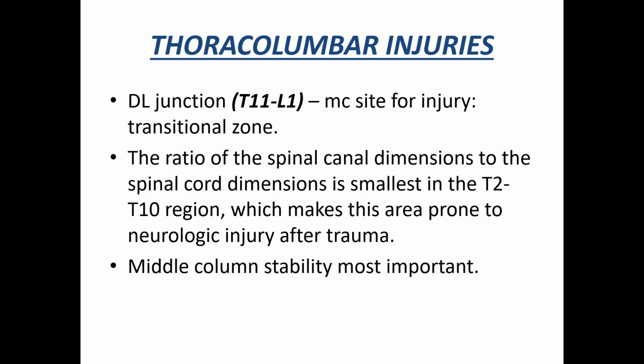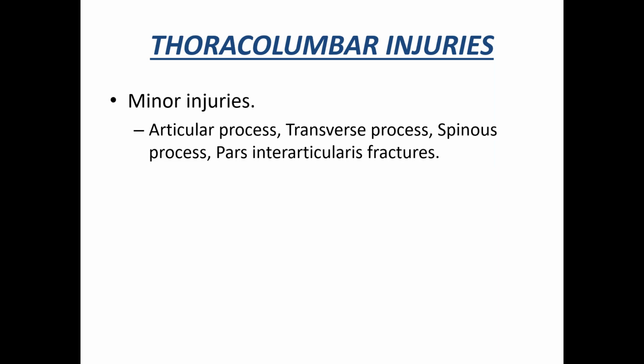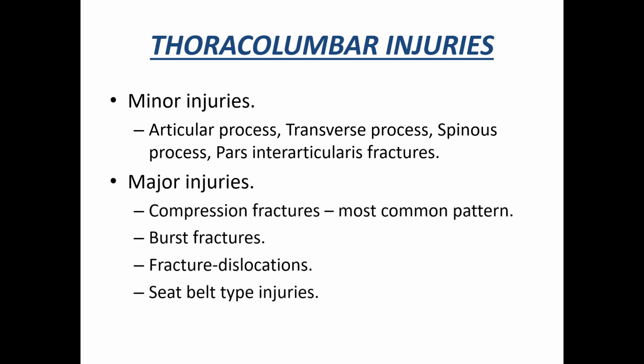Middle column stability is most important. Instability criteria were defined by White and Panjabi. Minor injuries include articular process, transverse process, spinous process, and pars interarticularis fractures. Major injuries include compression fracture, burst fracture, fracture dislocation, and seat belt injuries like Chance fracture.